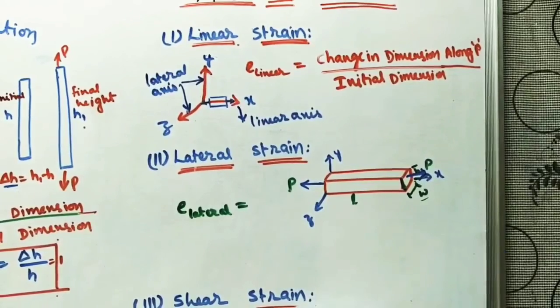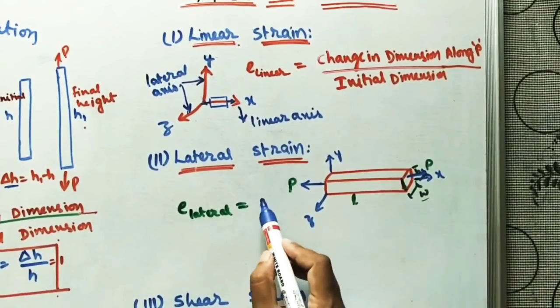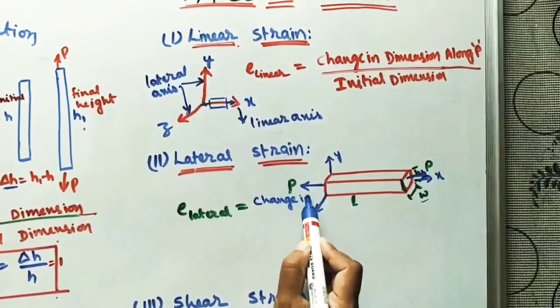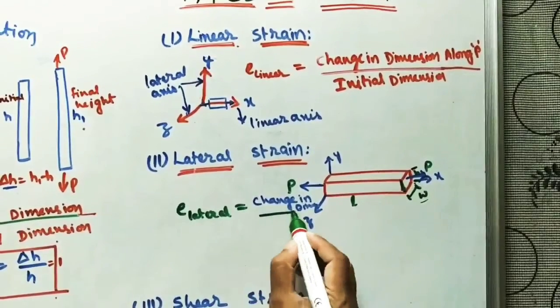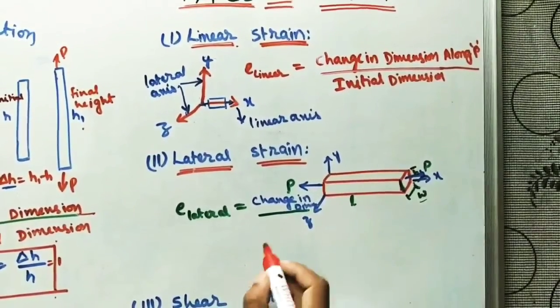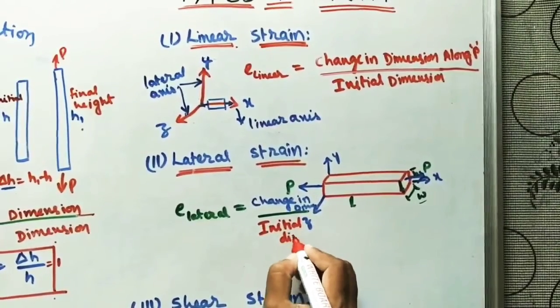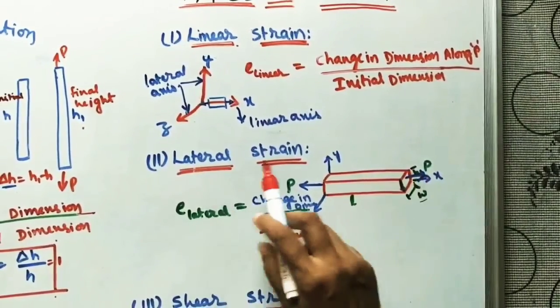For lateral strain we use the symbol E lateral. Here the two lateral dimensions are getting reduced. We can write the same formula: change in dimension to the initial dimension. Here how many lateral strains are there?